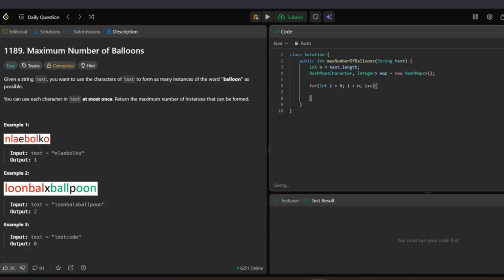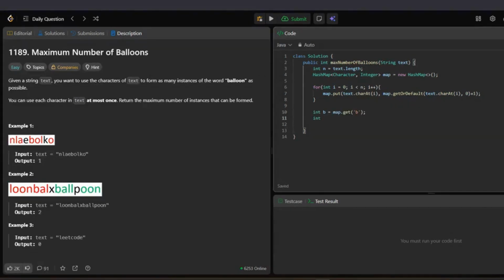We could just use a for each loop, but here I use this. So we call map.put, then text.charAt(i), comma, map.getOrDefault(text.charAt(i), 0), and then we increment by 1. This is given.